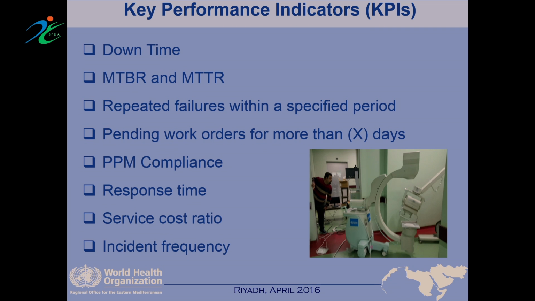Then, if I'm doing my inventory, I can actually know how much equipment I have in that hospital or in the country. And if I include the cost of each piece of equipment, then at the end of the day, I'm able to report the value of equipment versus staff working in that domain. So this could be a criterion that I can report and then seek support. And definitely there is the issue of preventive maintenance compliance.